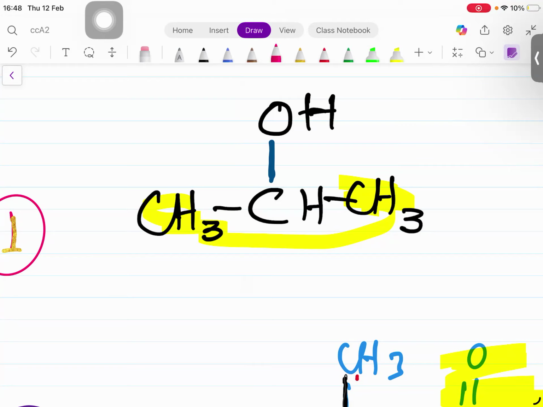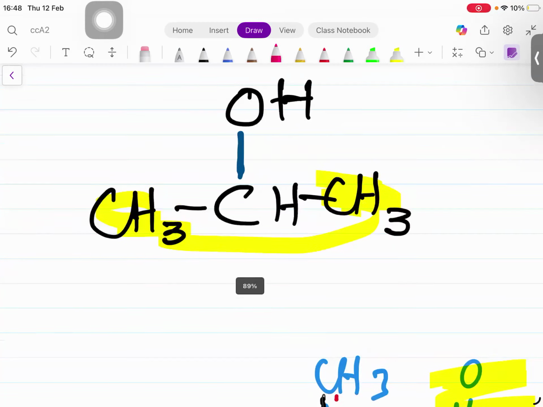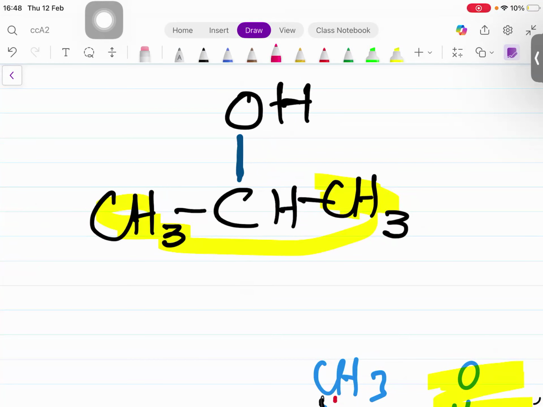How many peaks will there be? There is only one peak for these six, 0.9 to 1.7. And what will be the splitting pattern? 6 plus 1. Neighbor has only one proton. Yes, it's going to be a doublet.